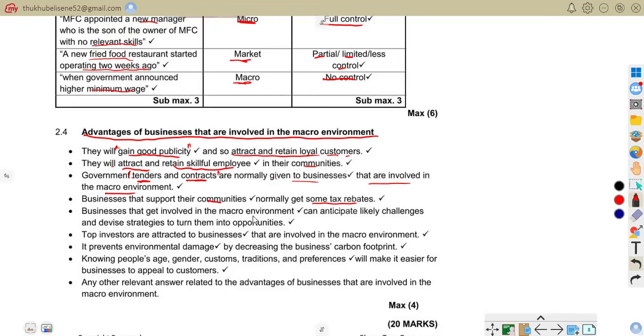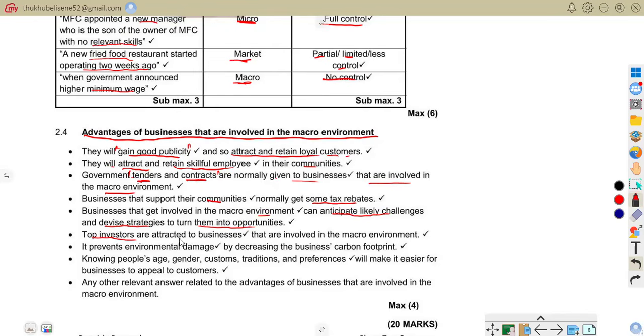Businesses that get involved in the macro environment can anticipate likely challenges and devise strategies to turn them into opportunities. So here we are told that they anticipate challenges and turn them into opportunities, meaning to say business prepares for changes in the environment. So that's that.